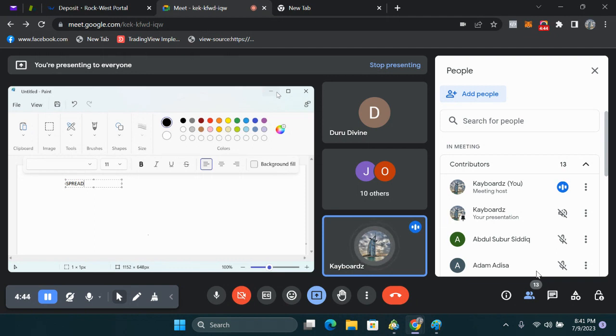The link is in the description box, and I've also dropped it in the WhatsApp group. Register an account, verify your account, then fund your account. Once you fund your account, you'll be able to trade the market. If you make profits, you withdraw from the broker, and the broker will pay you.